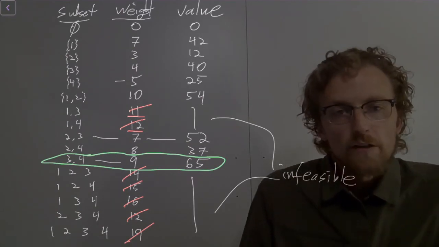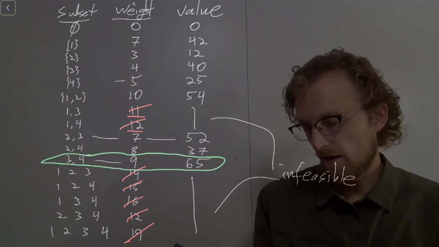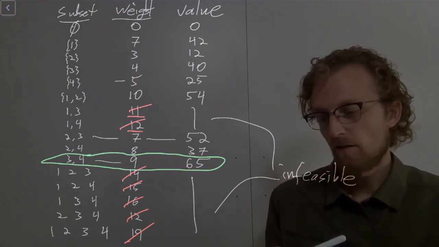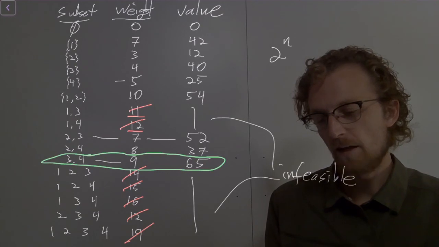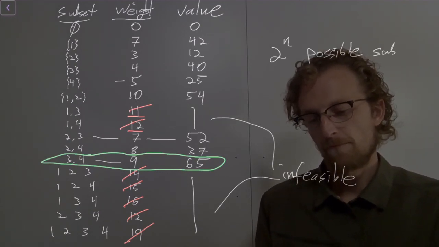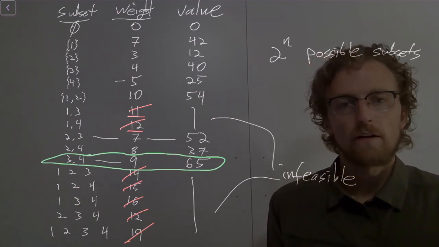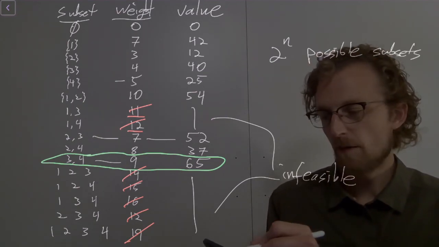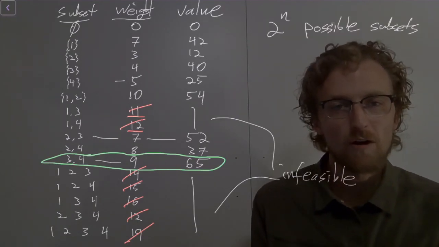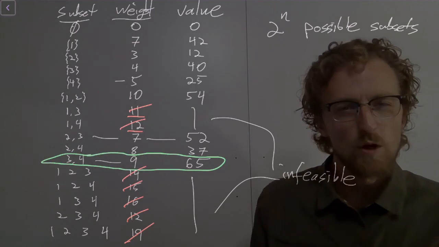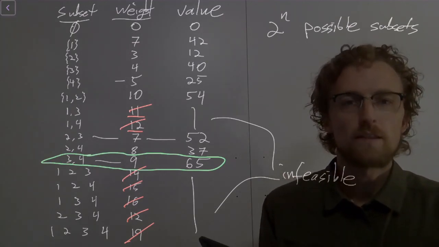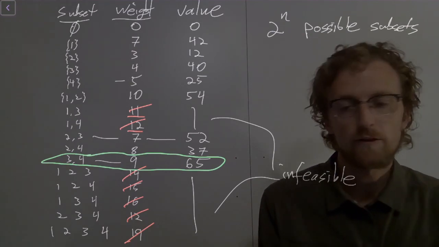And so one of the challenges of this problem is that there are exponentially many subsets. There are 2 to the n possible subsets, and so that means that doing what I just did here, writing them all down and finding the best, would be an exponentially slow algorithm, which means that it would not be something we'd want to do for large values of n.